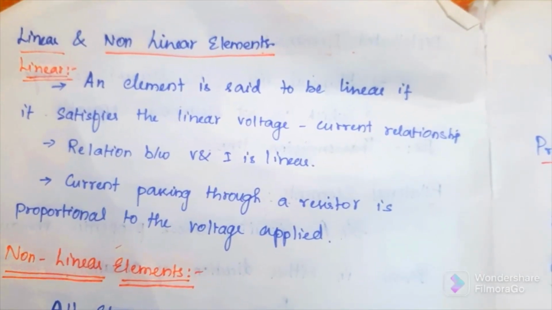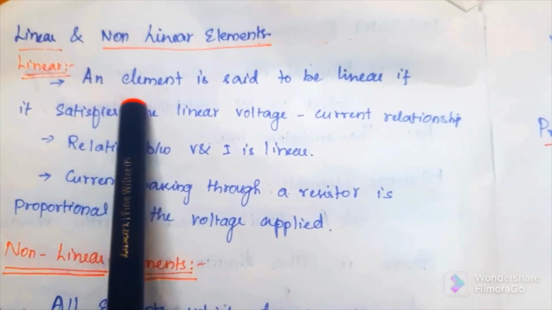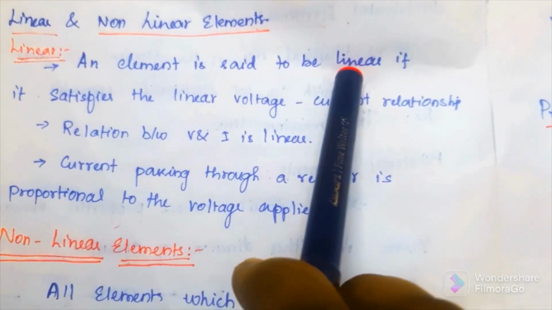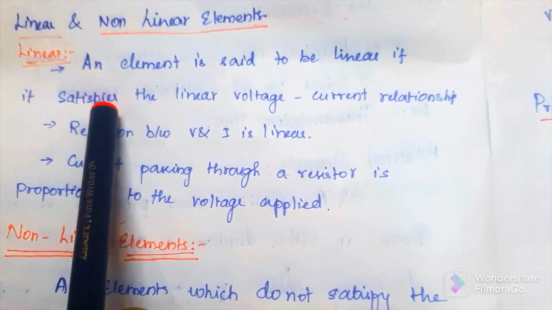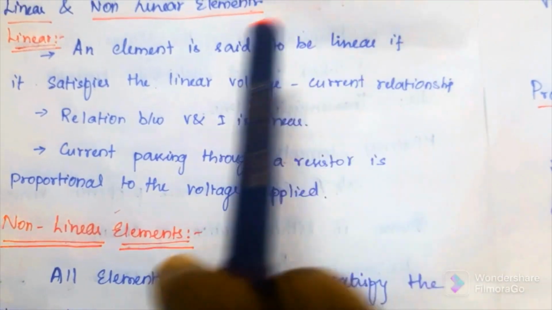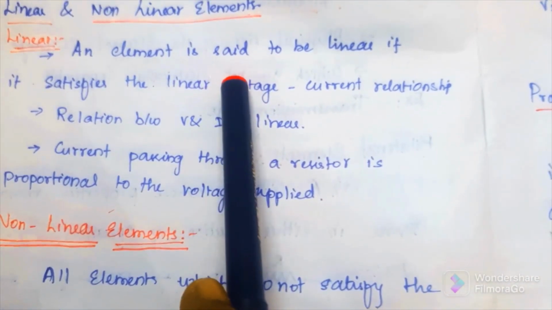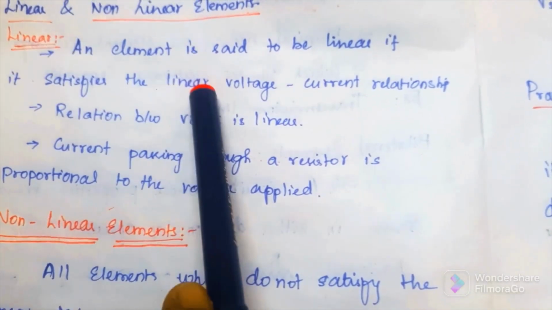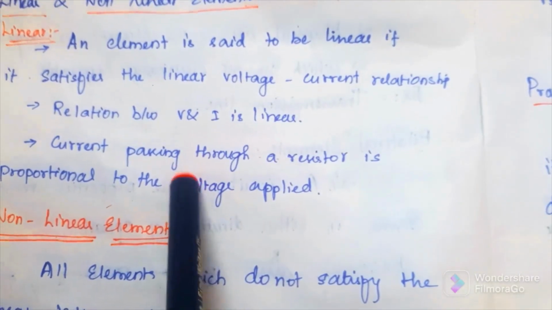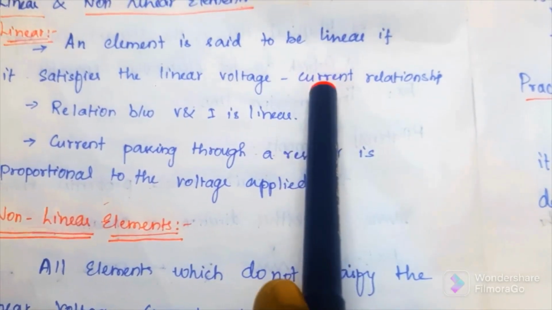Linear and non-linear elements. Linear element: an element is said to be linear if it satisfies the linear voltage to current relationship. So a linear element should satisfy the linear operation. That is, the voltage to current relationship should be linear.